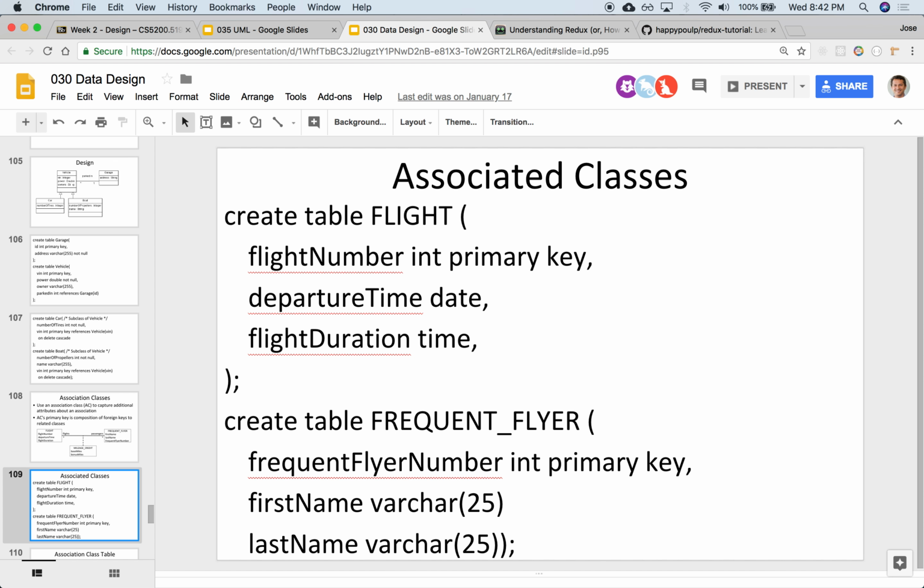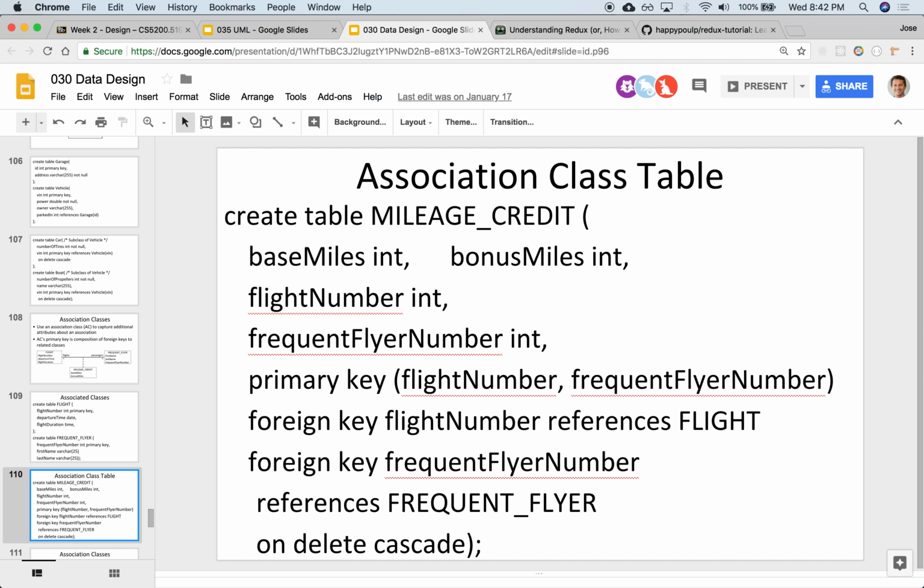And here's the implementation, right? We have the flights and the frequent flyer miles. Notice that they don't have any foreign keys, because otherwise they would have to be arrays of foreign keys. We can't do that, right? So instead we capture an association table in between that has two foreign keys, one that points to the frequent flyer mile and the other one pointing to the flyers, and then plus the association attributes there, the base miles, the bonus miles, and whatnot.